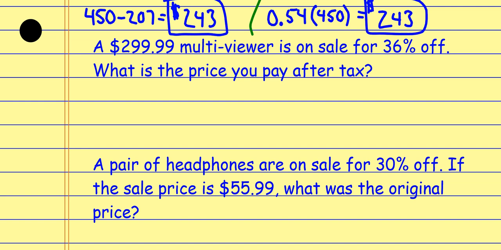So now we're going to have a couple steps in here. So again, if I'm doing it the way where I'm finding the 36% in terms of a dollar amount, I say, okay, 36% is 0.36 times the $299.99. And again, that's a job for my calculator.